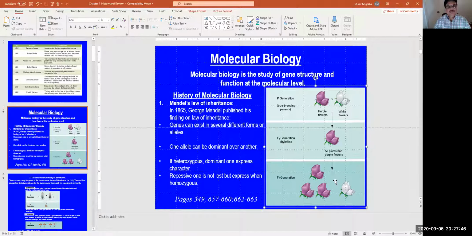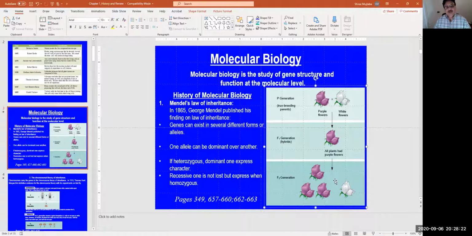So what are these features that are passed on from parents to the next generation? Of course, it is in the context of the pea plant, but it has a deeper meaning. The reason Mendel is regarded as the father of genetics is that the inheritance of characters that Mendel observed in pea plants, he could see in human beings also, particularly sex-linked diseases.